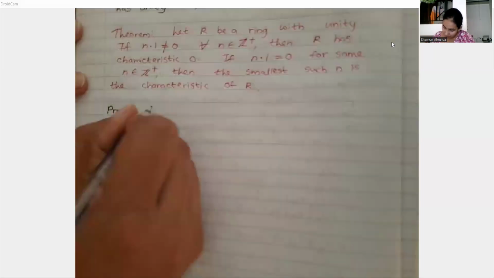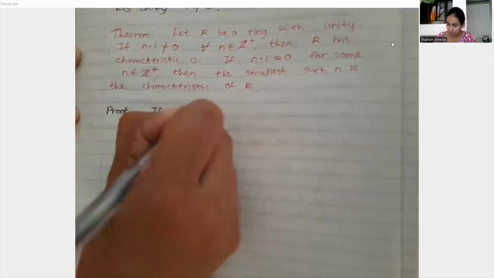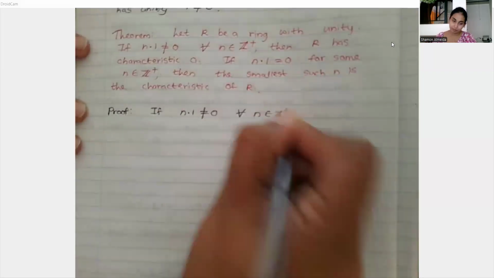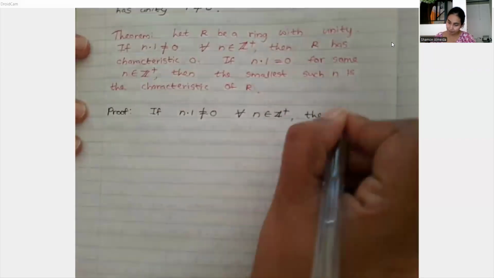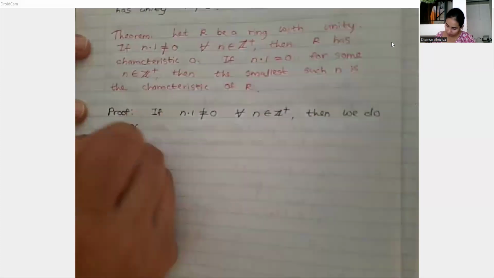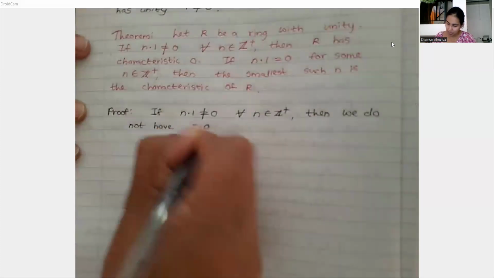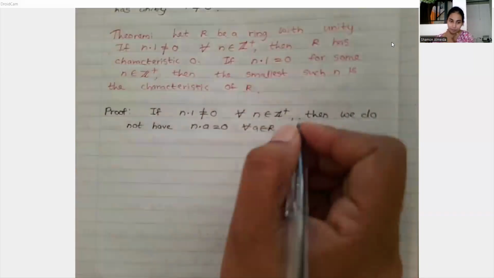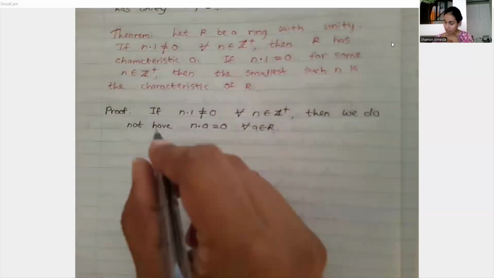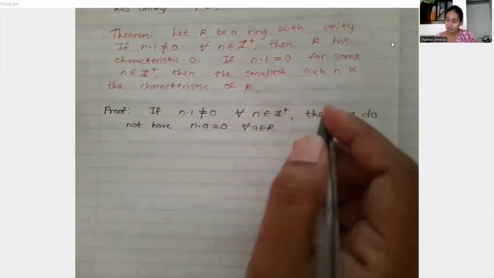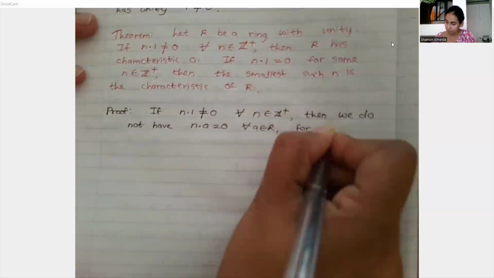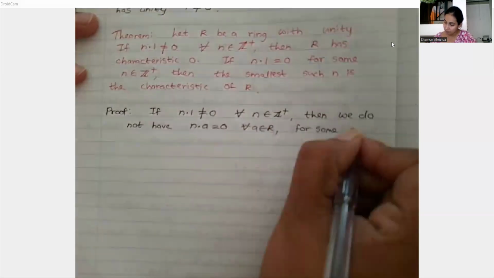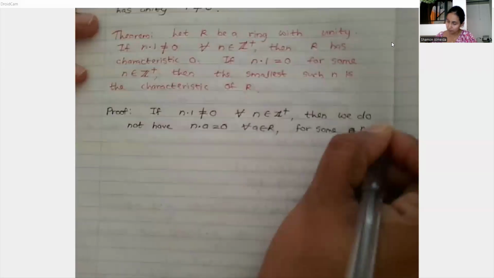We write: if n times 1 is not equal to 0 for all positive n values, then we do not have n times a equal to 0 for all a in R for any positive n, because for this particular element, n times 1 is not equal to 0 for every positive n.